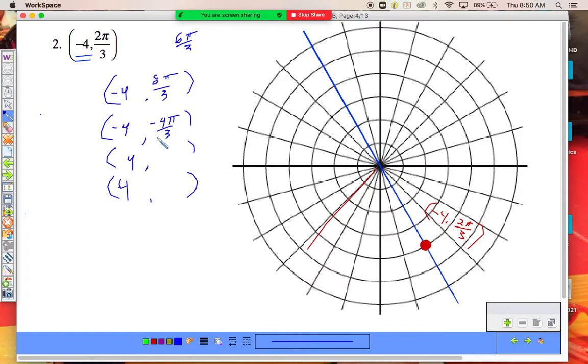To have the opposite distance, I'm going to add pi, which is 3 pi over 3. And that is 4 more polar representations of the same graph.